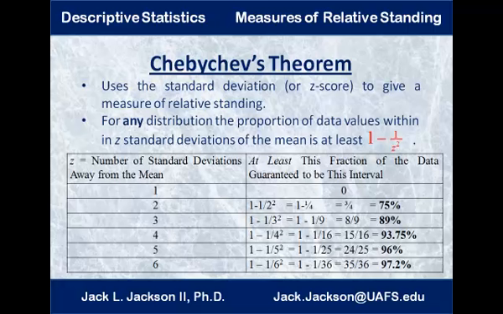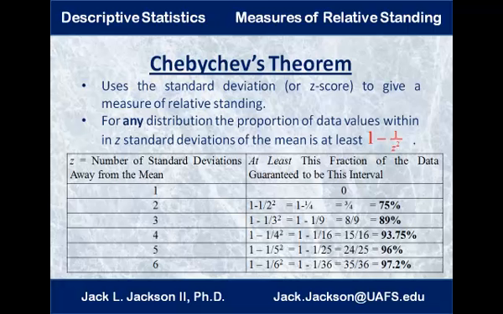If you go out 3 standard deviations, you can see the calculation there. It turns out that 8/9, or about 89%, has to be within 3 standard deviations of the mean. If you go out 4 standard deviations, at least 93.75% has to be in there, 15/16.